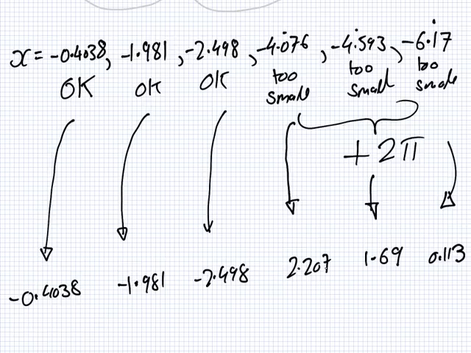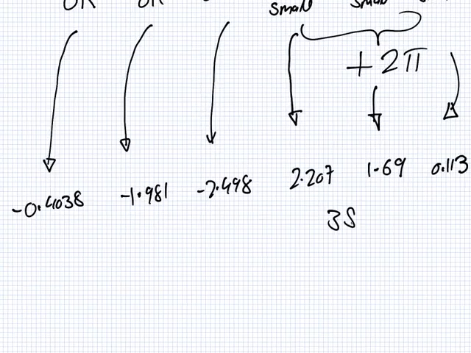0.13. And then 1.69. Now usually we give the answers to 3 significant figures. So our answers will be minus, what's the smallest one? 2.50. Next, minus 1.98.